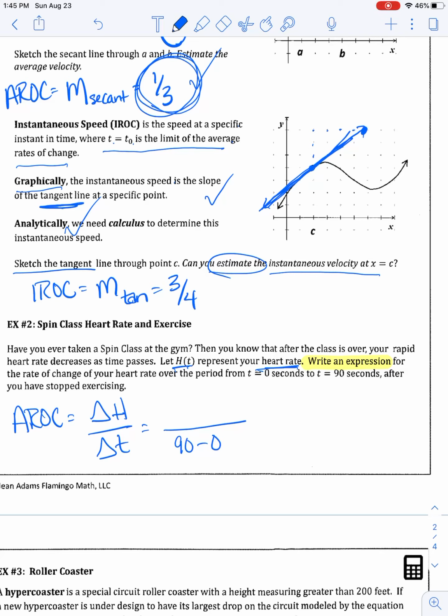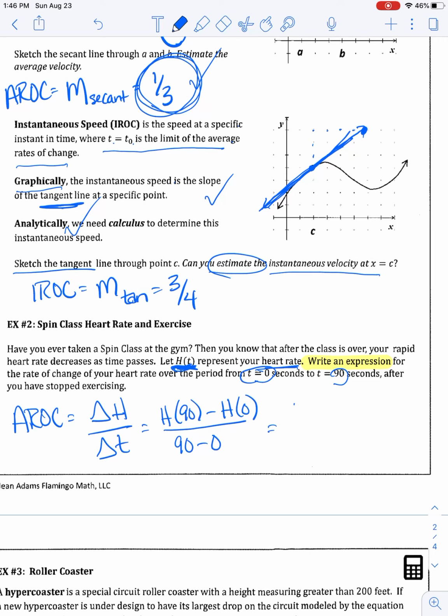Now the problem is I don't have enough information to find what my heart rate is. But if I was going to find it, I would take the 90 seconds and plug it into my function and get my heart rate. And then I would take 0 and plug it into my function and get my heart rate. But I don't have an actual function. I don't have what h of t is defined as. So I'm just going to show that I would do h of 90 minus h of 0 if I could.